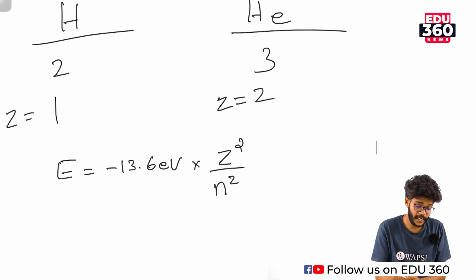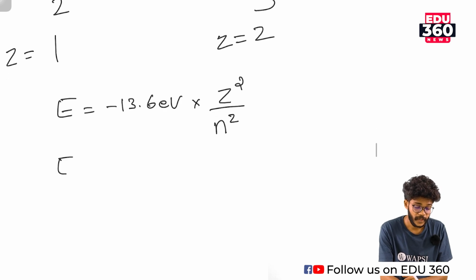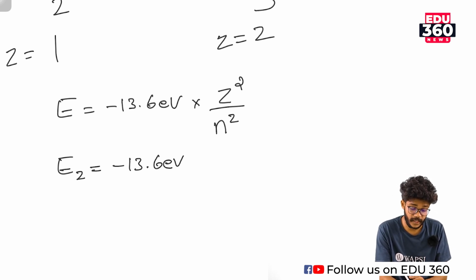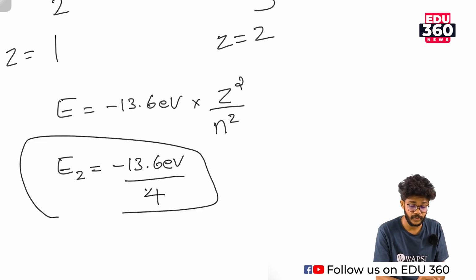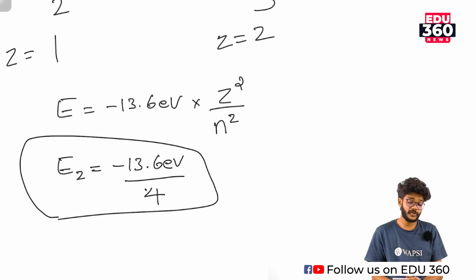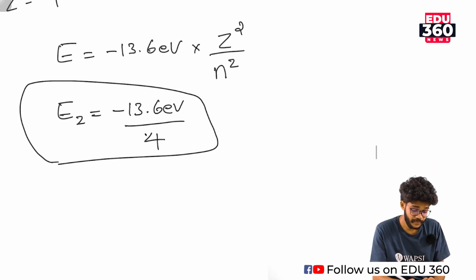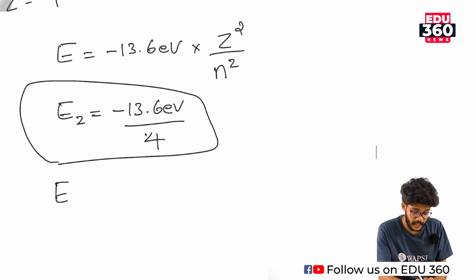So we can calculate the energy for the hydrogen atom, which is E2: minus 13.6 electron volt, Z is 1 and n is 2, divided by 2 square, which is 4. So E2 is minus 13.6 electron volt by 4. This is for hydrogen, and we can calculate the energy of helium, E3.